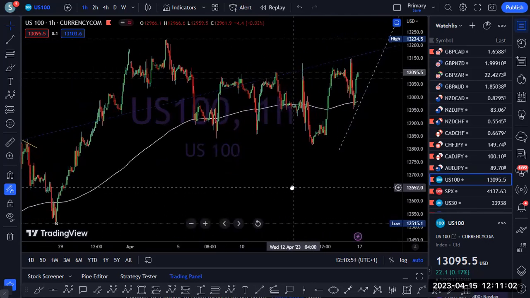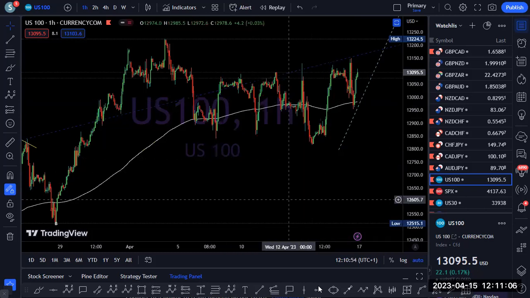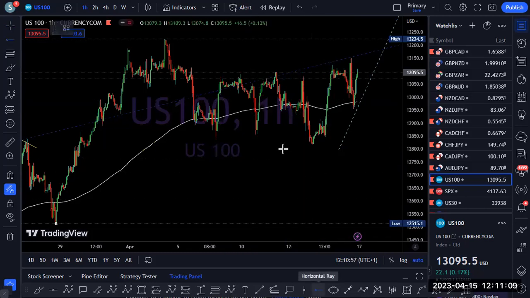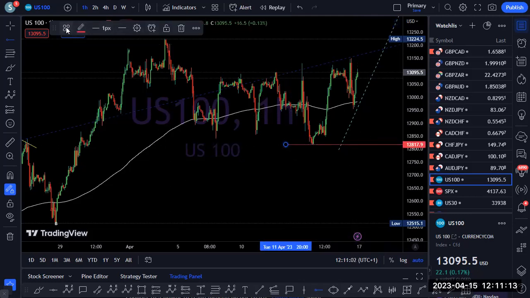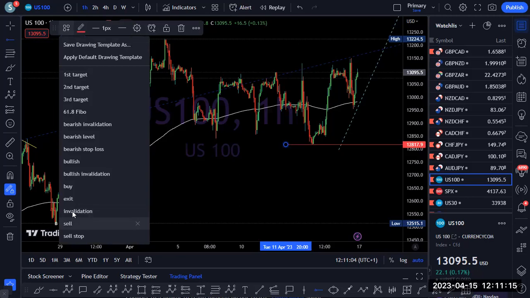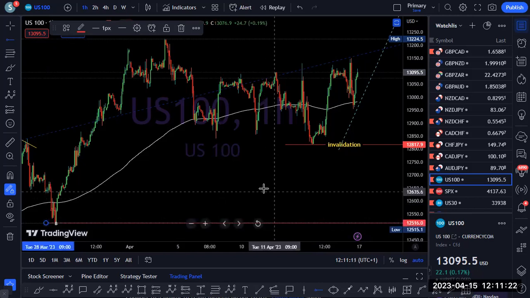Okay, platinum. If you want to buy platinum, the stop loss will be here, because if you put the stop loss at this place, it is too far.